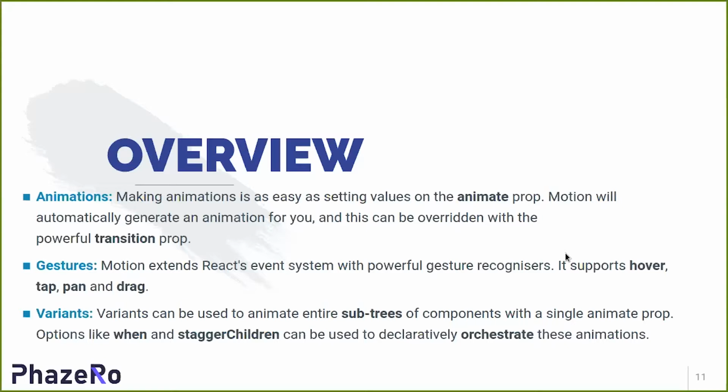The pan gesture recognizes when a pointer presses down on a component and moves further than 3 pixels, and it ends when the pointer is released. Some of you may say that it is not different from the drag gesture, and the API in this case agrees with you, but there is a simple difference, which is that the drag gesture follows the rules of the pan gesture, but also applies pointer movement to the X and Y axis of the component.